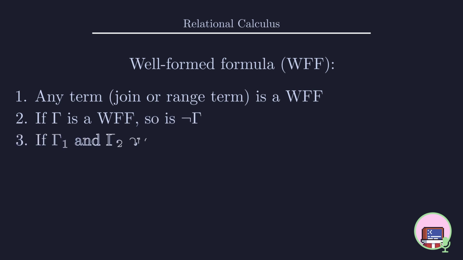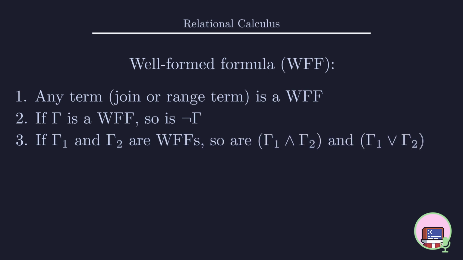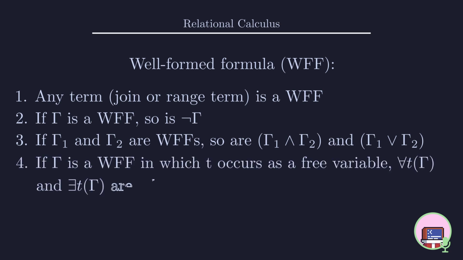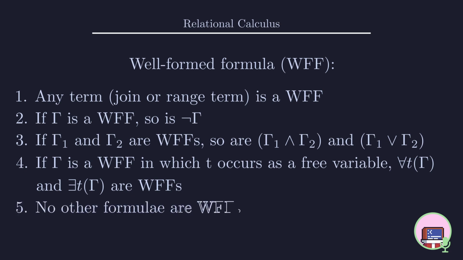If gamma 1 and gamma 2 are well-formed formulae, so are gamma 1 and gamma 2, and gamma 1 or gamma 2. 4. If gamma is a well-formed formula in which t occurs as a free variable, then for all t of gamma and there exists t of gamma are well-formed formulas. 5. No other formulae are well-formed formulae.